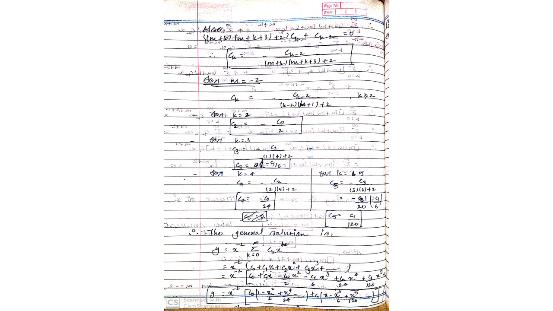Just taking out the common terms, in the final you will get the series y equals x raised to minus 2 into the bracket of c0 terms plus c1 into the bracket of its terms.